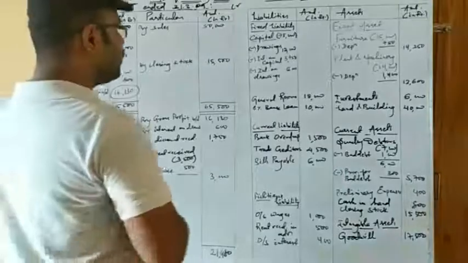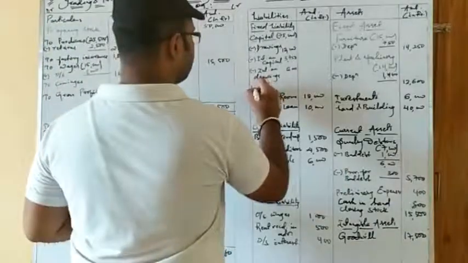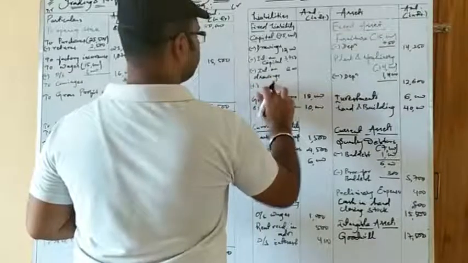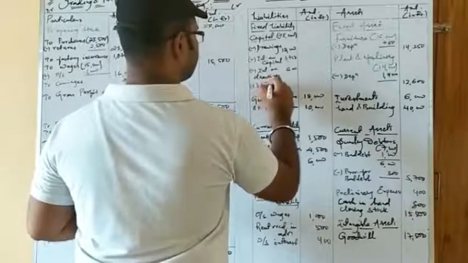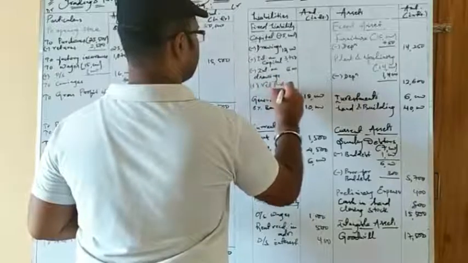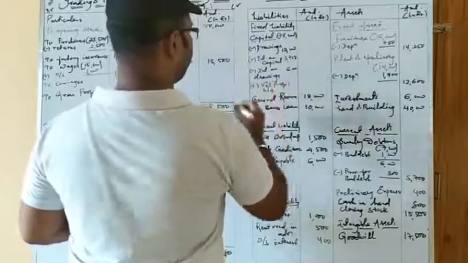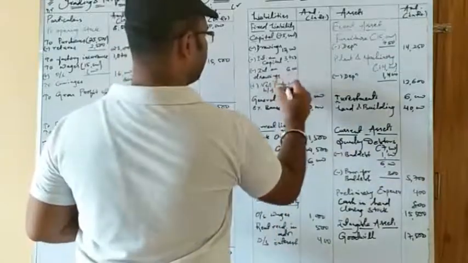Now we will add it to our capital amount. Here it goes. Net profit brought forward. So net profit is 7,100.